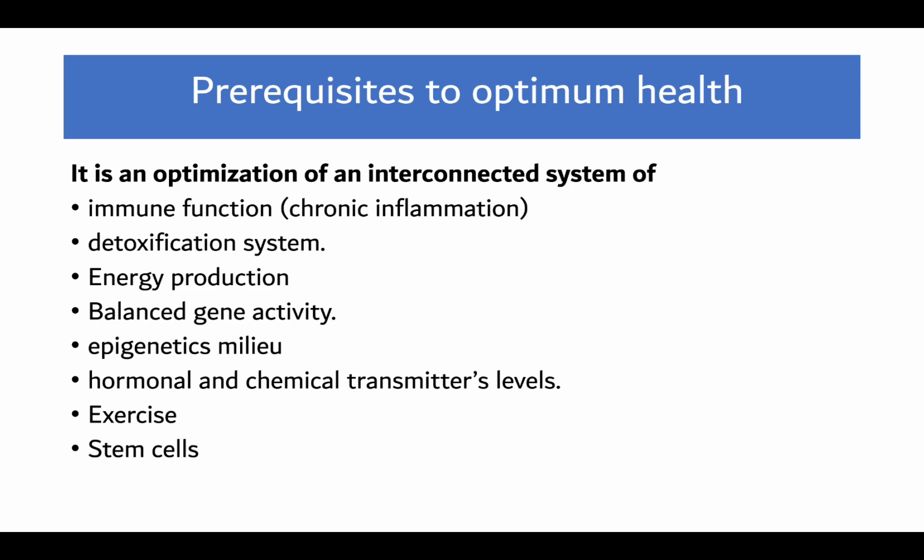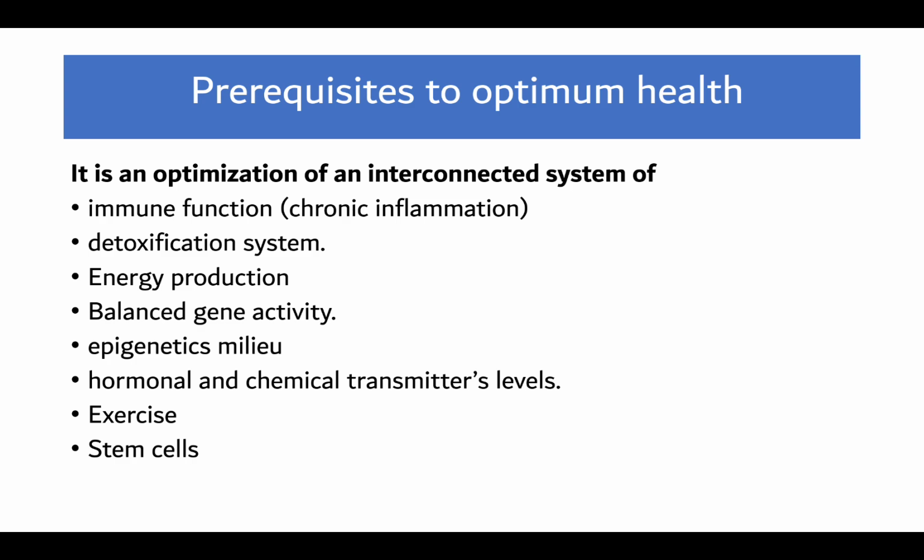Now, what are the prerequisites to optimum health? So what do I need to have optimum health? I need to optimize many systems in the body. These systems are interconnected, so that they share the same information among each other.